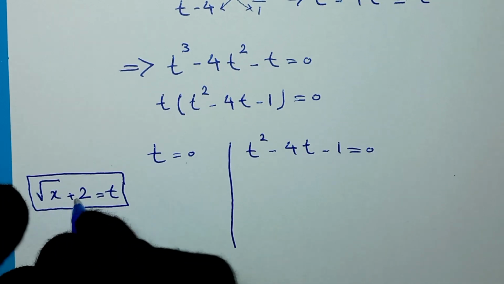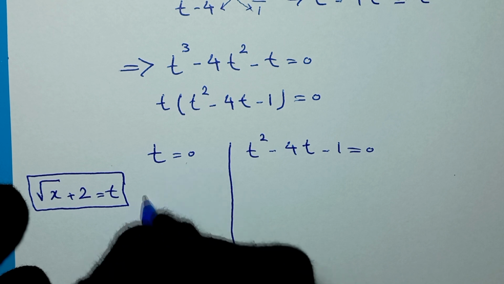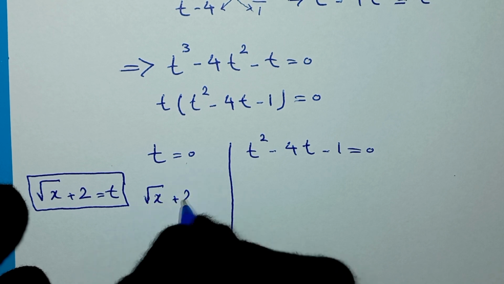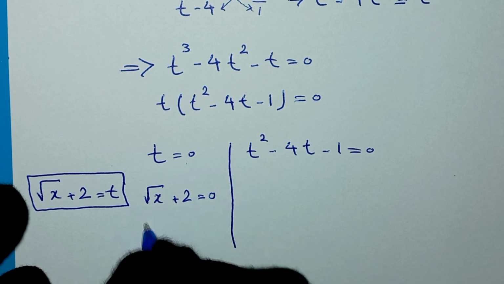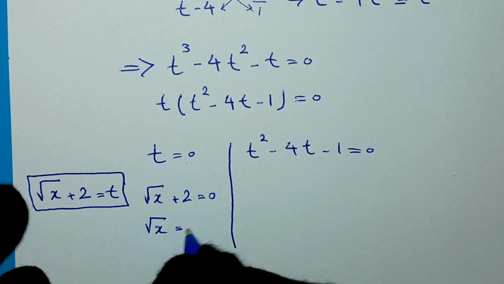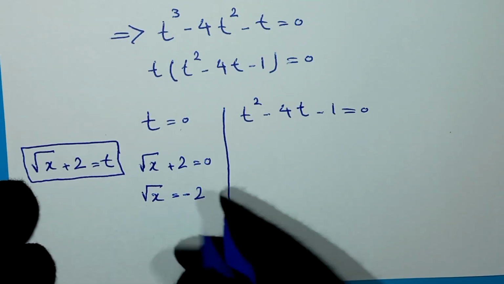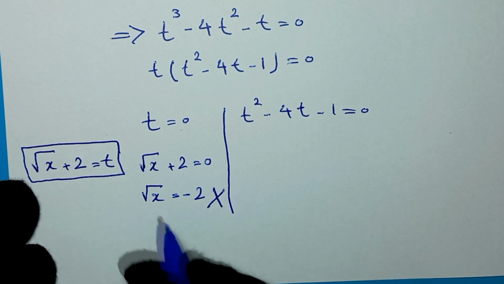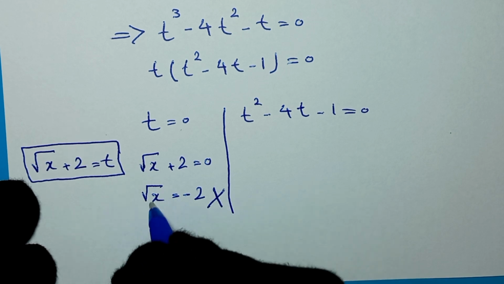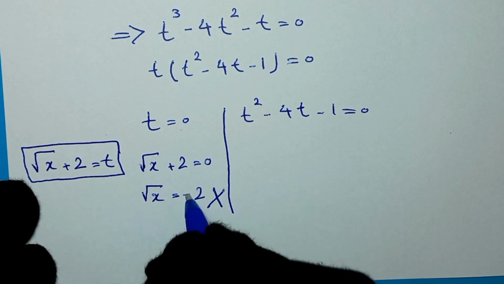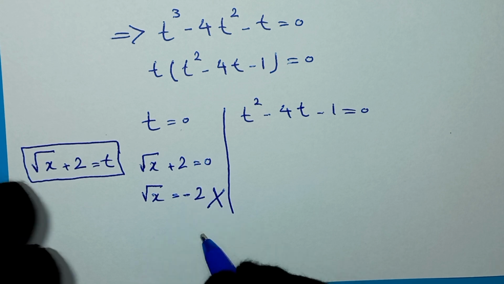So square root of x plus 2 is t and t is 0, so square root of x plus 2 is equal to 0 and square root of x is equal to negative 2, and this is refused because square root of x is positive and negative 2 is negative.